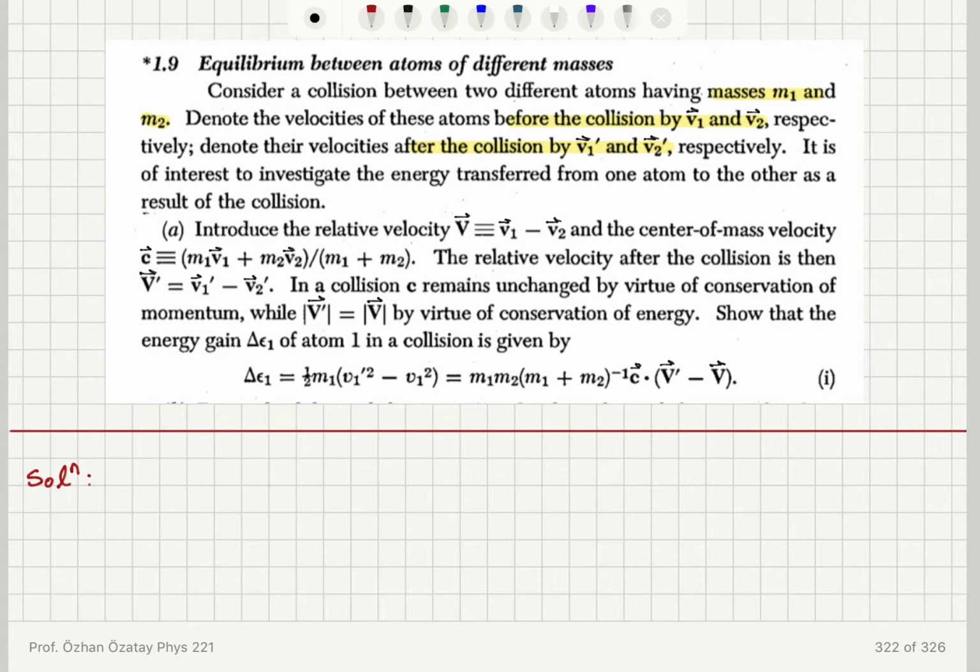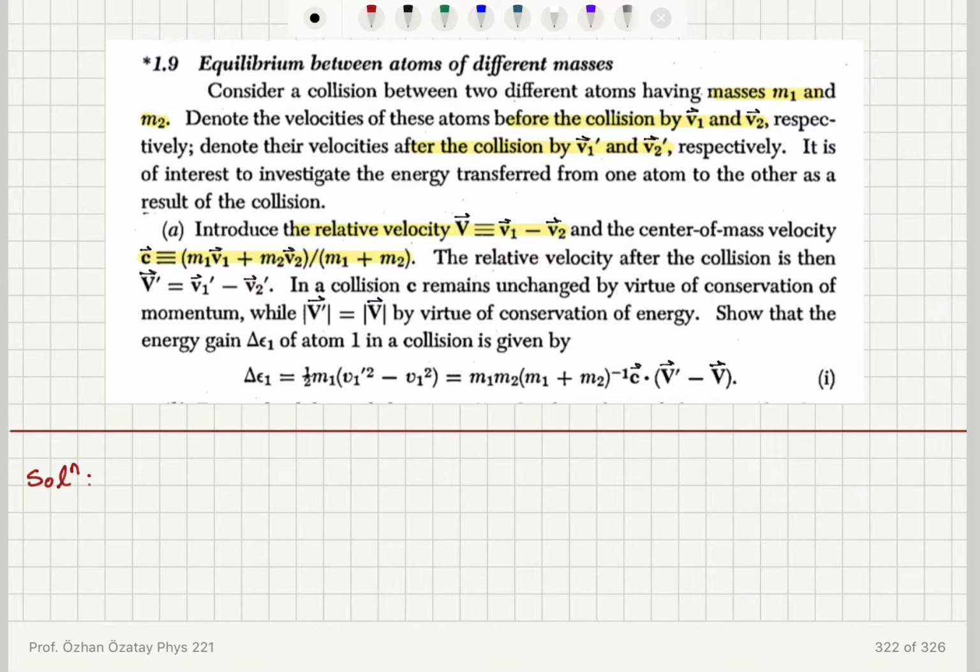It is of interest to investigate the energy transferred from one atom to the other as a result of the collision. Introduce the relative velocity V = v1 minus v2, and the center of mass velocity C = (m1 v1 plus m2 v2) over (m1 plus m2).